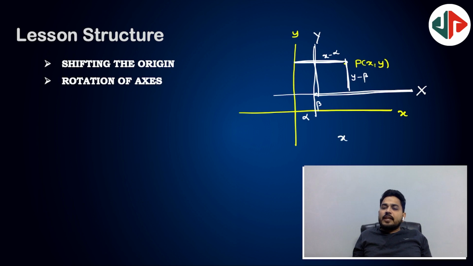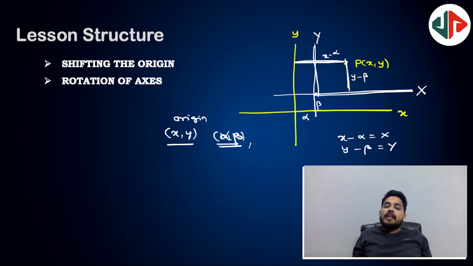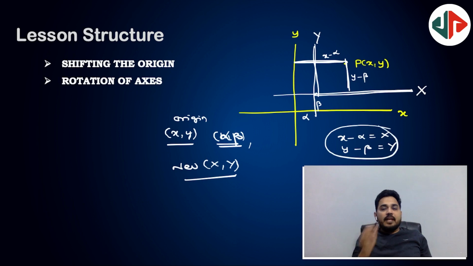You are going to get x minus alpha is equal to capital X, y minus beta is equal to capital Y, where small x comma small y are the original coordinate system. Alpha comma beta is the new origin, and the new coordinates are capital X comma capital Y. So this is the relation.